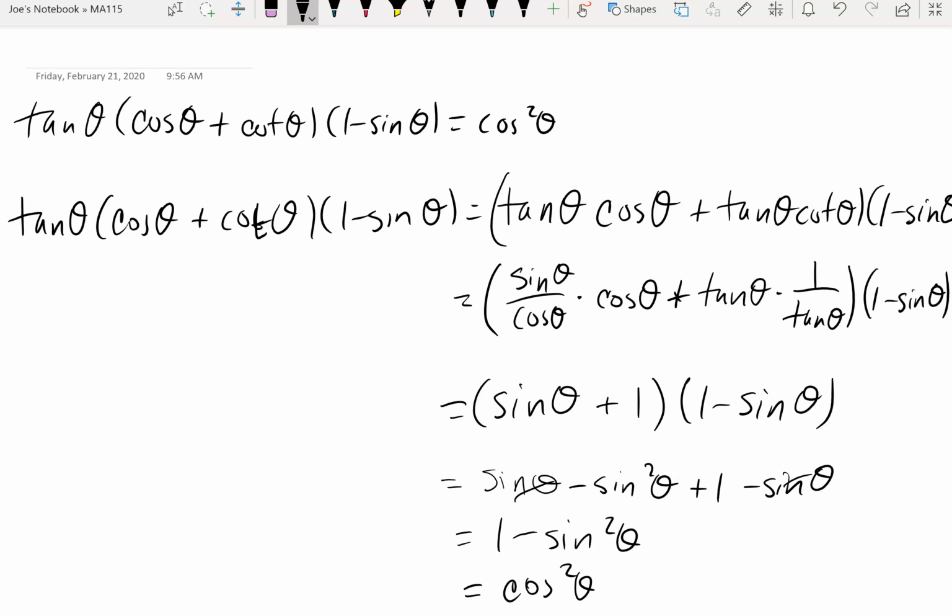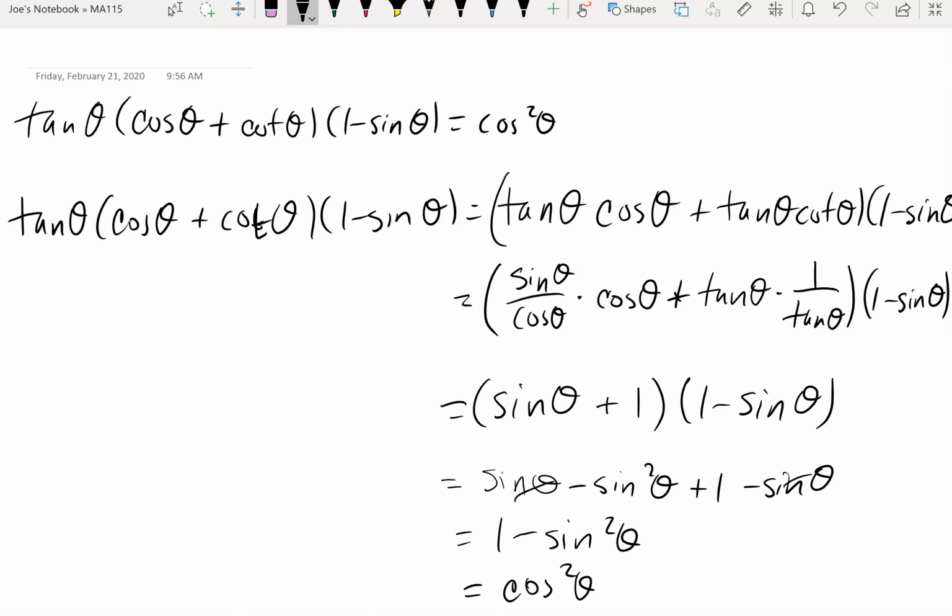But it also illustrates the be careful ideas, right? This is very tempting to try to do. You see 1 minus sine squared or 1 minus cosine squared so many times to replace it with the other, you forget that you can't do it if it's not squared. That's okay?